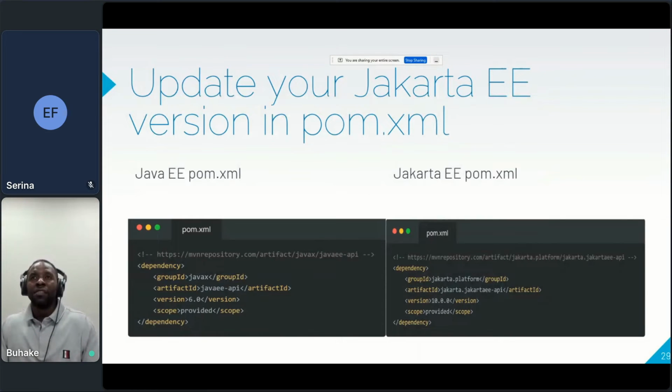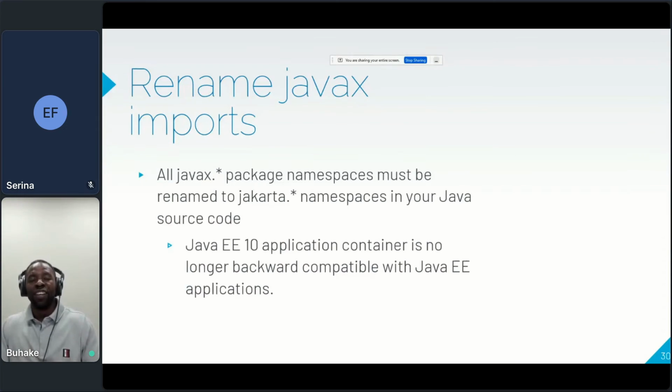The next one is when you need a good IDE: you rename your javax imports. Everything that starts with javax that you imported in your code will be renamed to jakarta dot whatever. Basically, the prefix namespace javax just needs to be renamed to jakarta, and the rest of the namespace does not change, which is very beautiful.